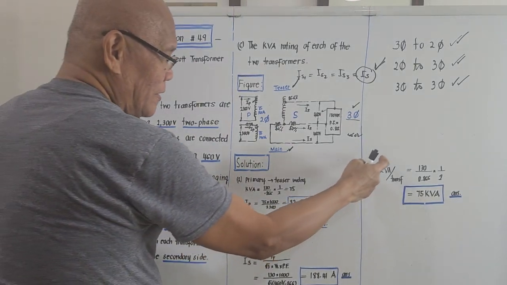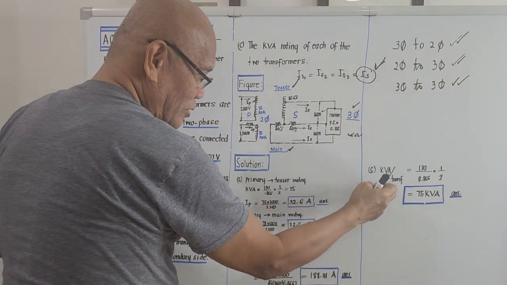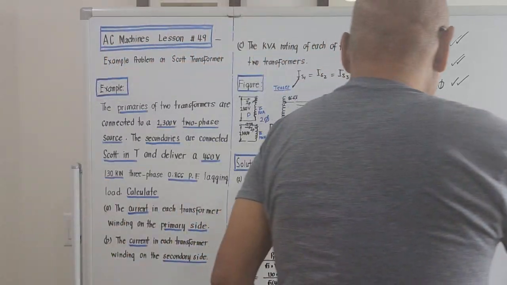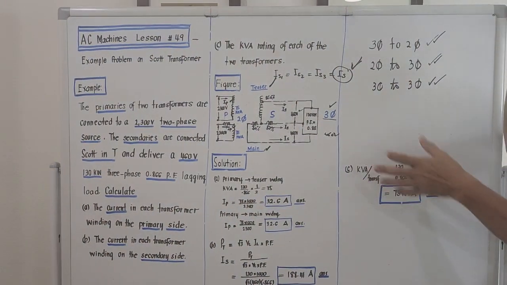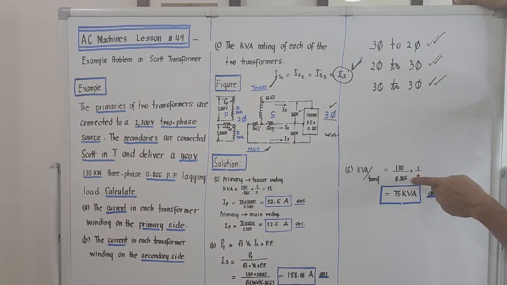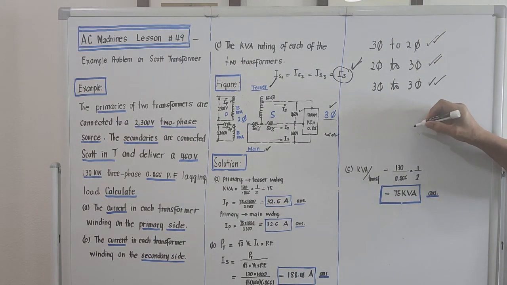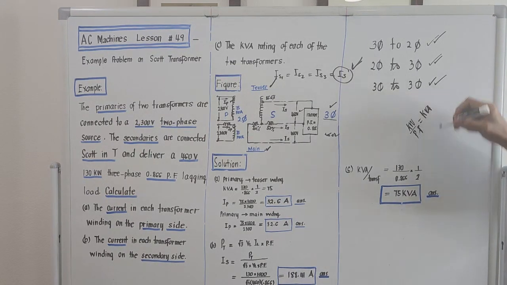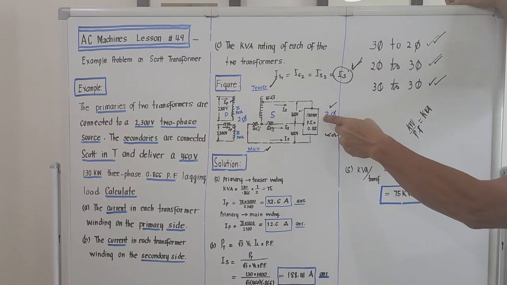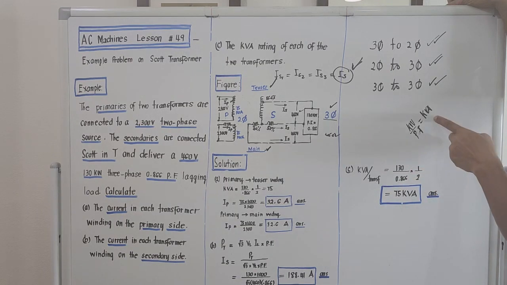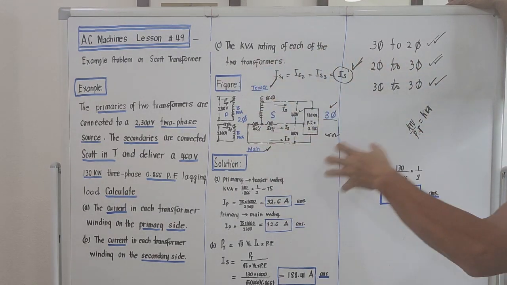We'll go to letter C now immediately. So the KVA per transformer, meaning per main transformer or teaser transformer, should be the kilowatt over power factor. Kilowatt over power factor is actually KVA. The total kilowatt delivered to the secondary is 130, so this is 130 over 0.866. That will be the total KVA of the entire system.